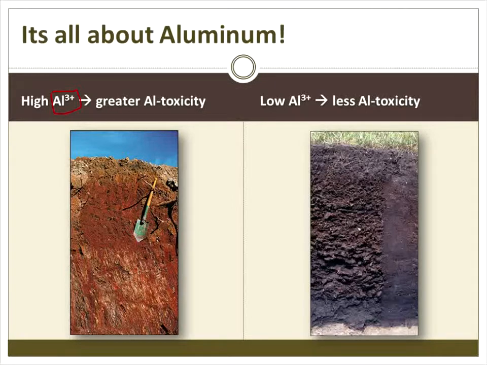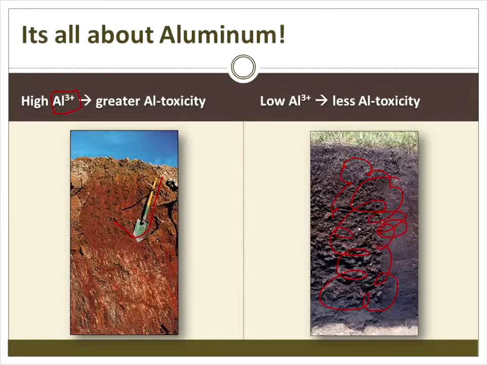On the other hand, the organic soils, you know, this is organic matter out here. This is not mineral material, so there's not a lot of aluminum associated with this material over here. That aluminum is in a mineral form. It's over here. All right.